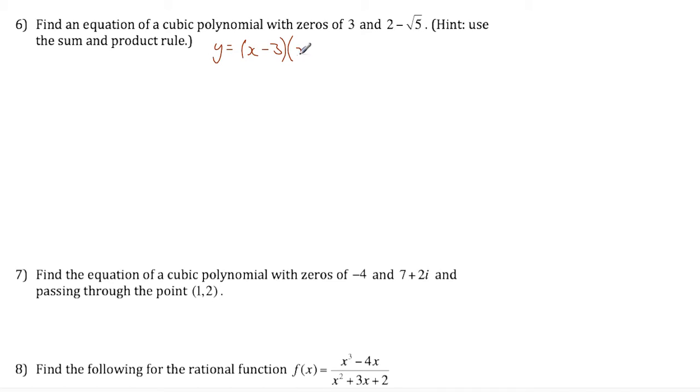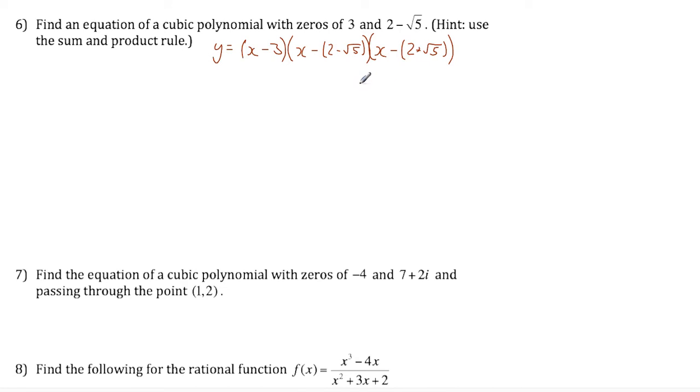So that means that the factor is going to be x minus 2 minus root 5. Make sense? But if this is a 0, its conjugate is also going to be a 0. So that's going to be x minus 2 plus root 5.